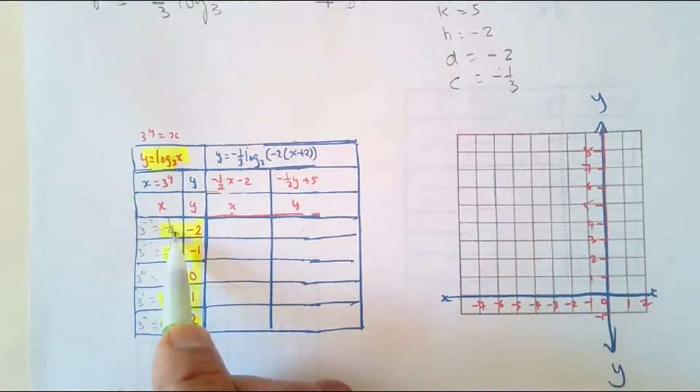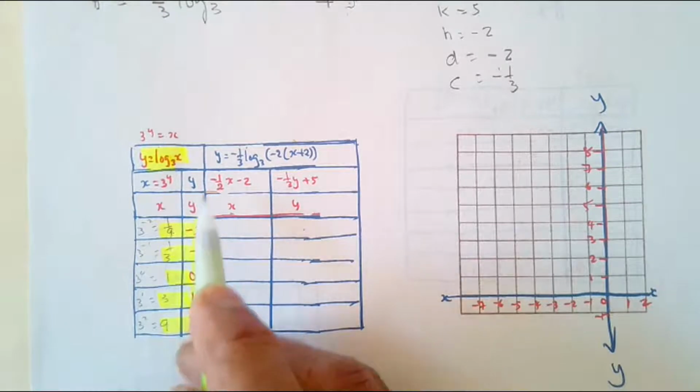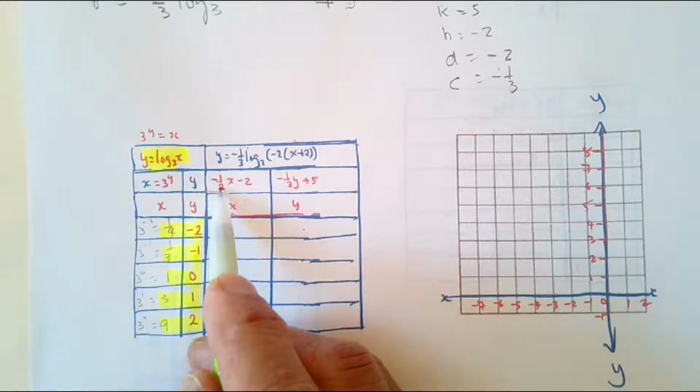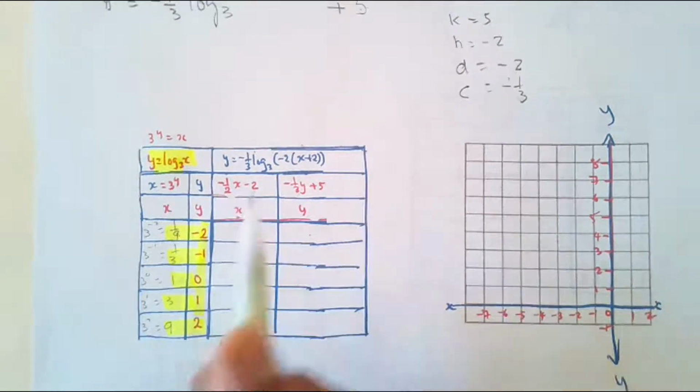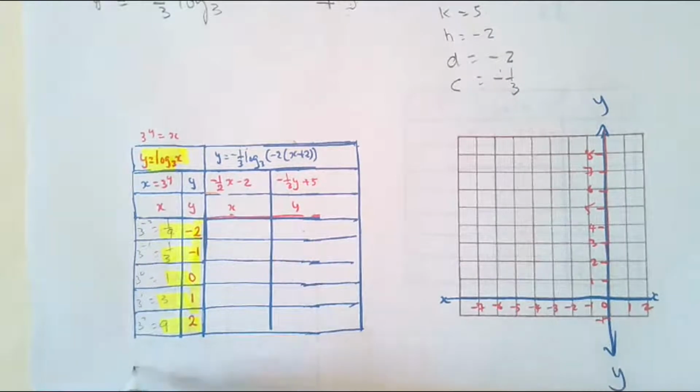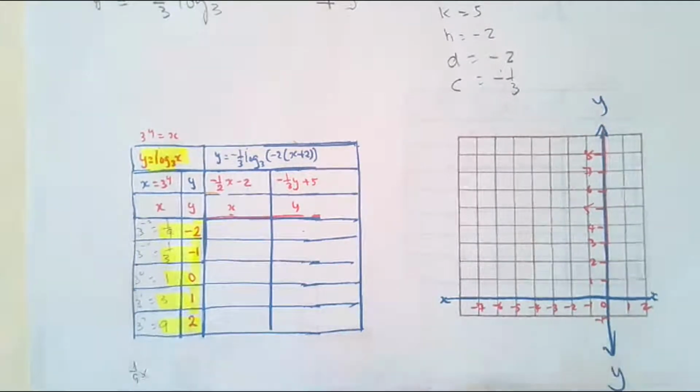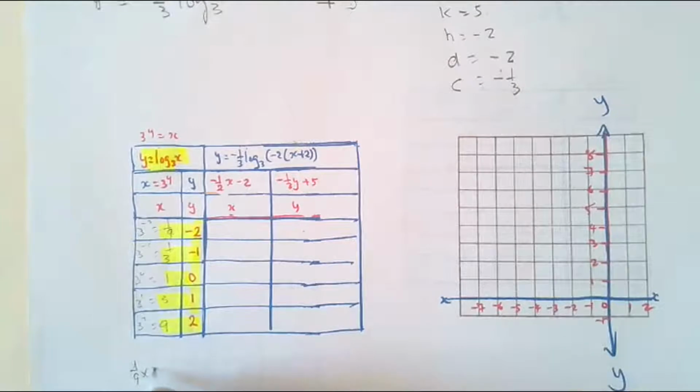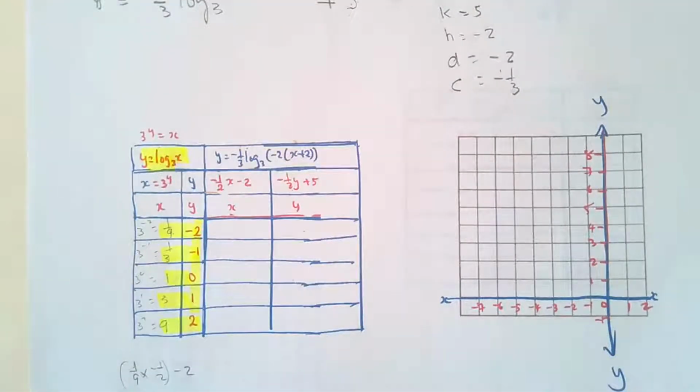So when x is 1/9, we have 1/9 times negative 1/2. So what would that be? 1/9 multiplied by negative 1/2 minus 2. Now what would that give us?